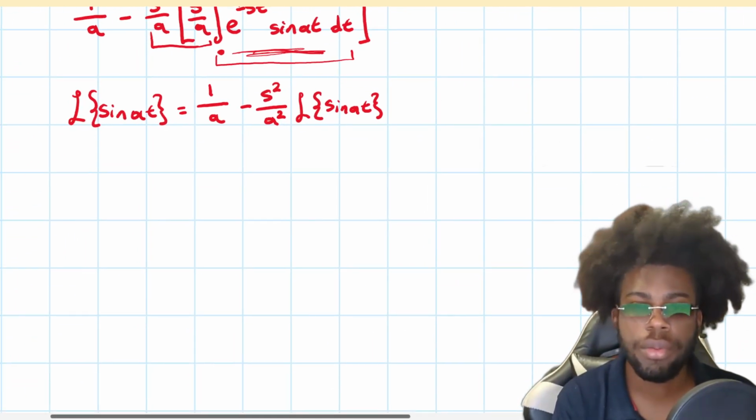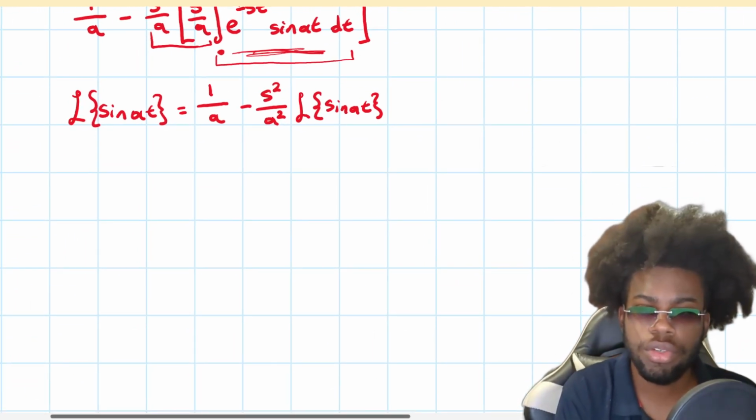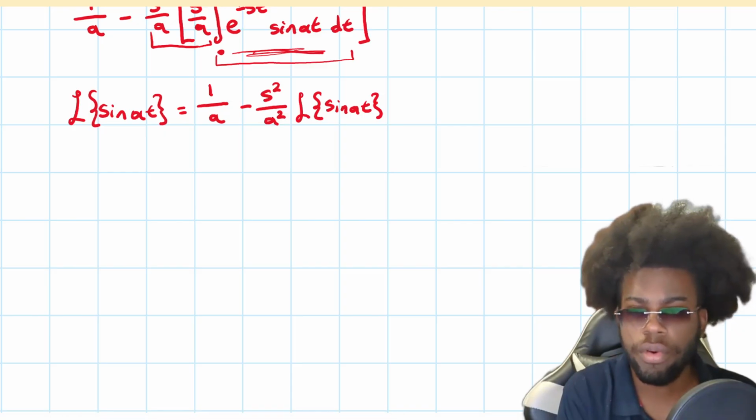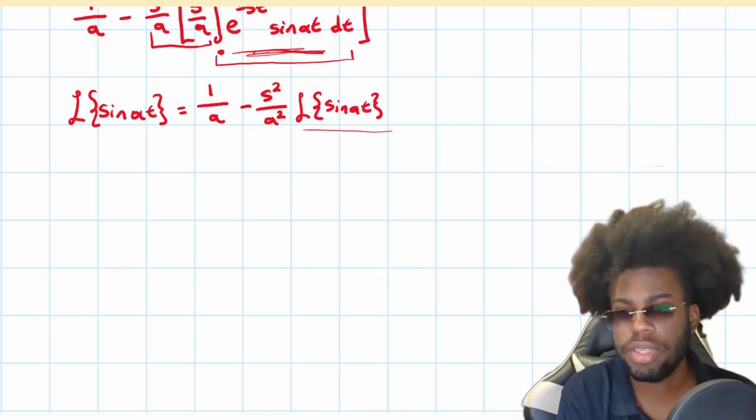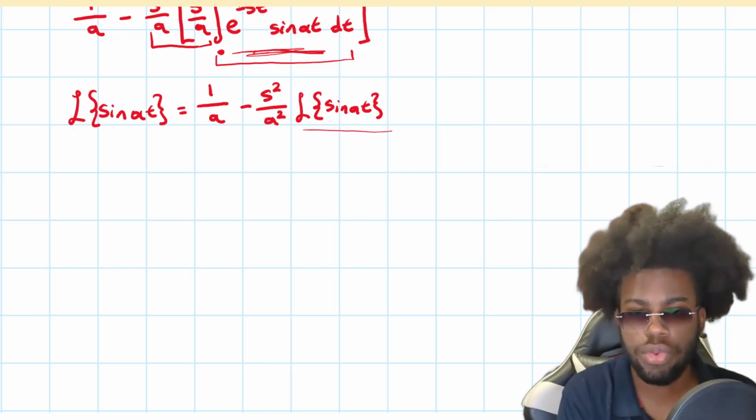Now taking it from here, we'll just move our Laplace transform of sine at terms to one side.